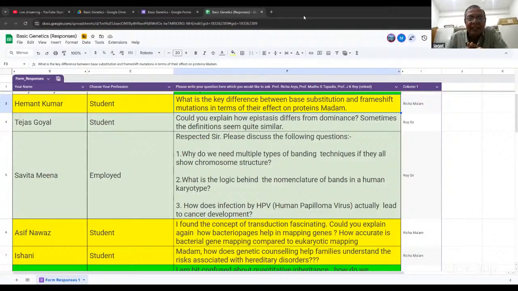But if it is a base substitution, then one base is added in place of another. One is removed and one is added. So the result is that particular amino acid will change, and the rest everything will remain the same.